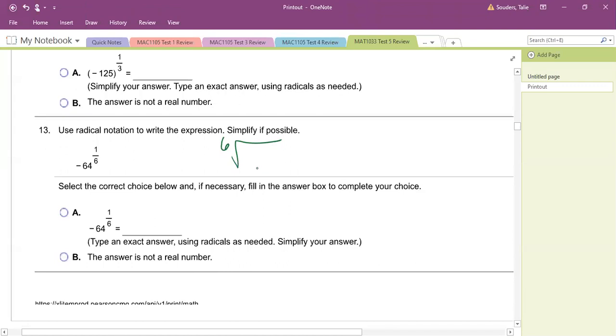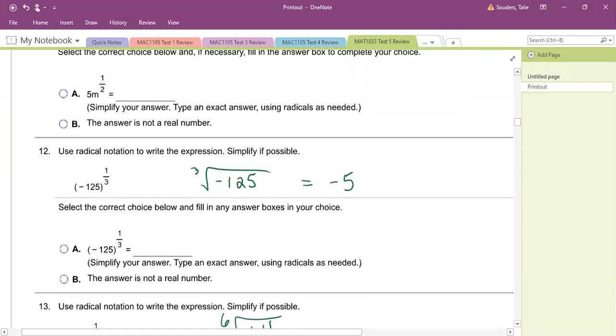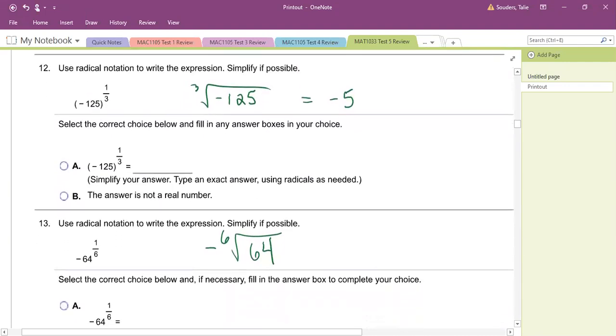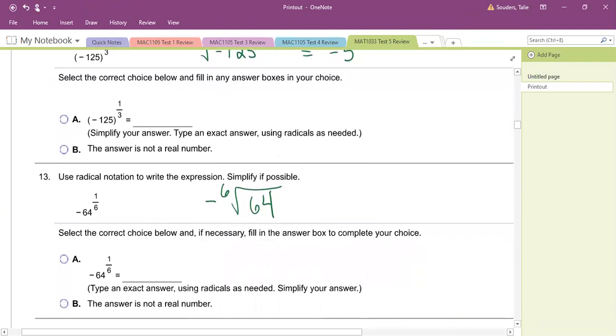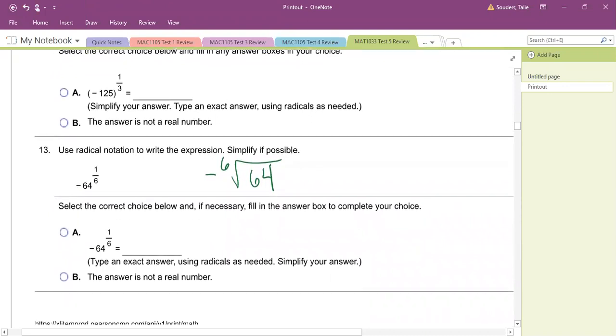The negative would be on the outside. Yeah, thank you. Very good. Yes, the negative would be on the outside because kind of like the problem that was 5m to the 1/2, right? Only the m was being raised to the 1/2. Here, only the 64 is being raised to the 1/6 unless the negative was in parentheses with the 64, but it's not. So it's on the outside.